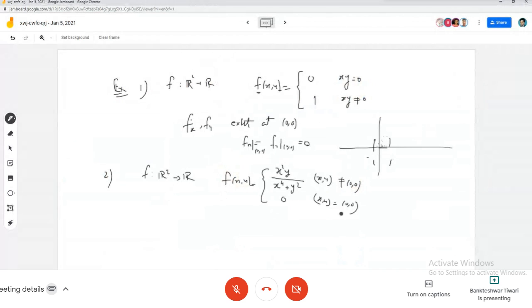Yeah. So consider this function which is defined on the whole R2, but at a non-zero point its value is given by x squared y over x to the power 4 plus y squared, and is equal to 0 when the point is 0. And you can show that all its directional derivatives exist.